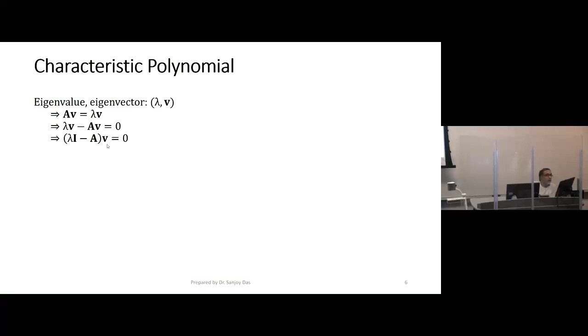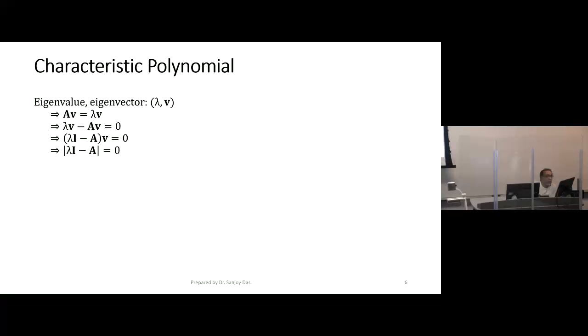Hence, I take V common, lambda I minus A times V equals 0. So V is a non-zero vector, correct? But this matrix, lambda I minus A, times V equals 0. What does it mean? It means that lambda I minus A, we just saw that, is a singular matrix. It's got a zero determinant, right? And so the determinant of lambda I minus A equals 0.